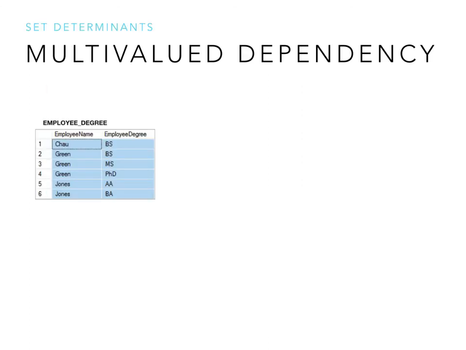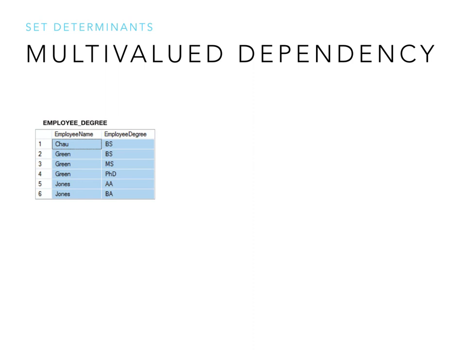All right, the last thing, which is the additional criteria that is the distinction between BCNF and fourth normal form, is this other problem called a multi-valued dependency. If you look at this little table, employee degree, you see different people's names and the degrees that they hold. And since we know about how degrees work, we understand that there's a very limited set of possible options that can go in employee degrees, right?